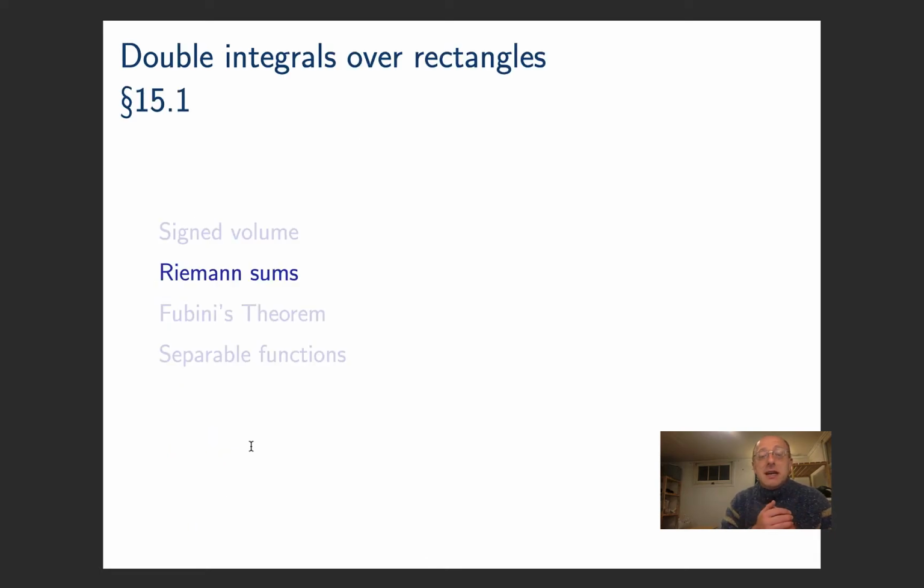All right, now to start to see how these integrals work, let's talk about Riemann sums. This topic of Riemann sums, I want to add a little bit of context. It's foundational for how integrals are defined. If you care about theory, then Riemann sums are part of the story of the theory of integrals.